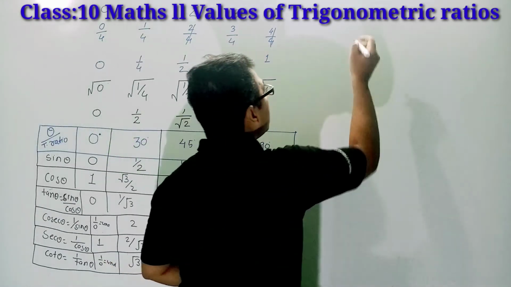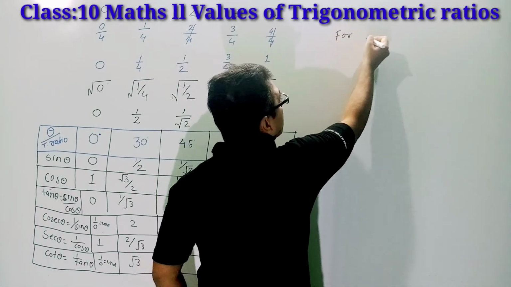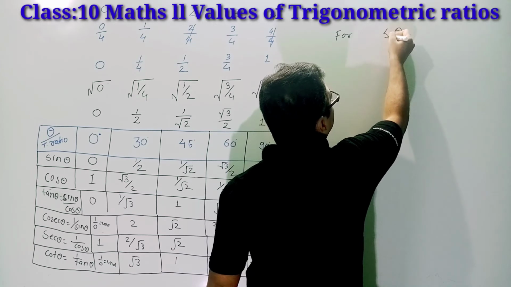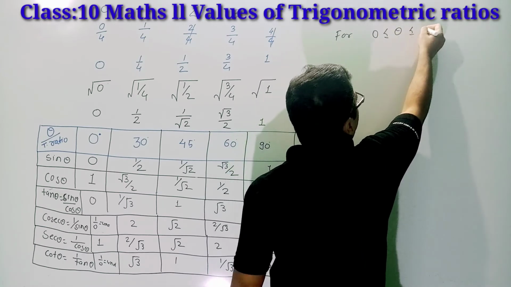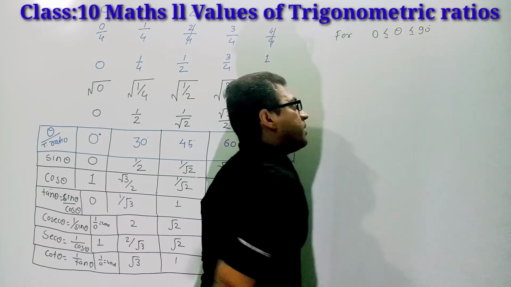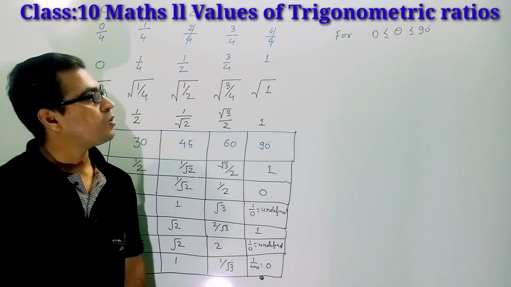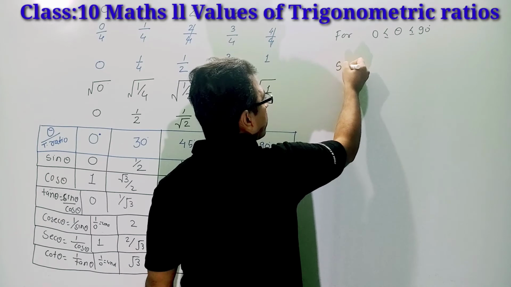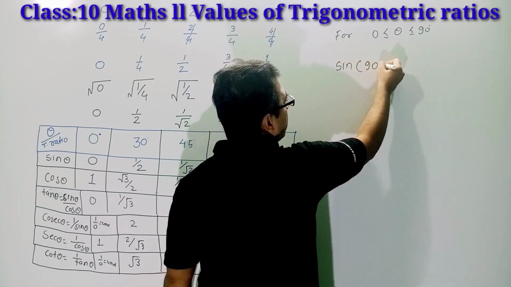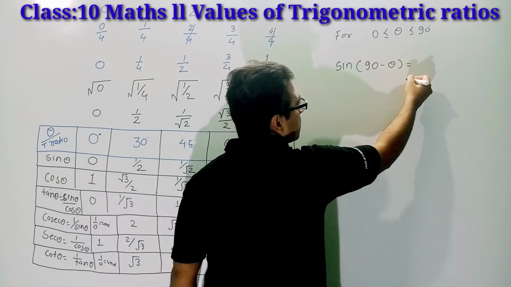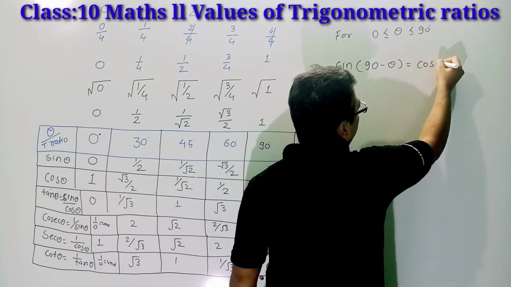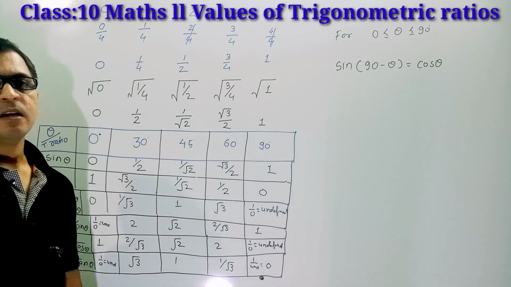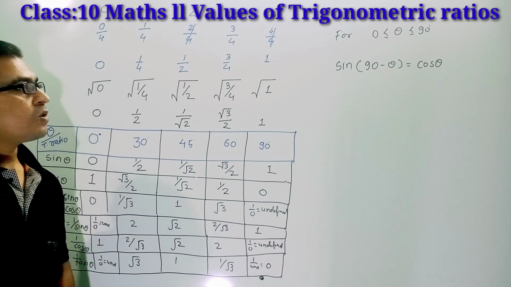So for the angle theta from 0 to 90 degree, we can write sine 90 minus theta is equal to cos theta.